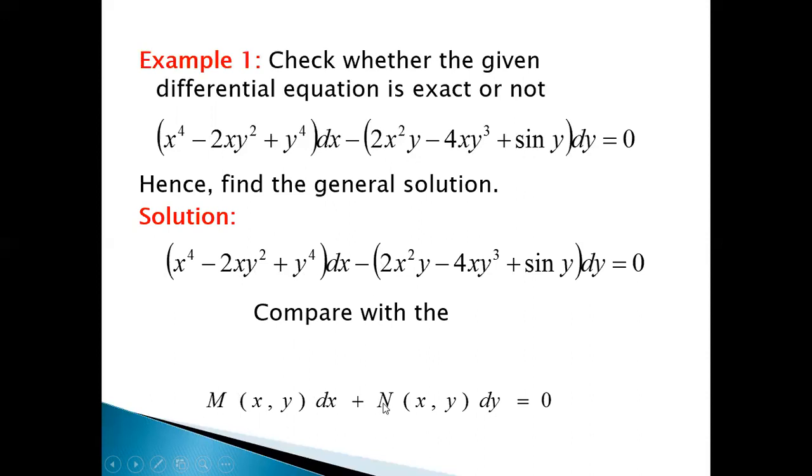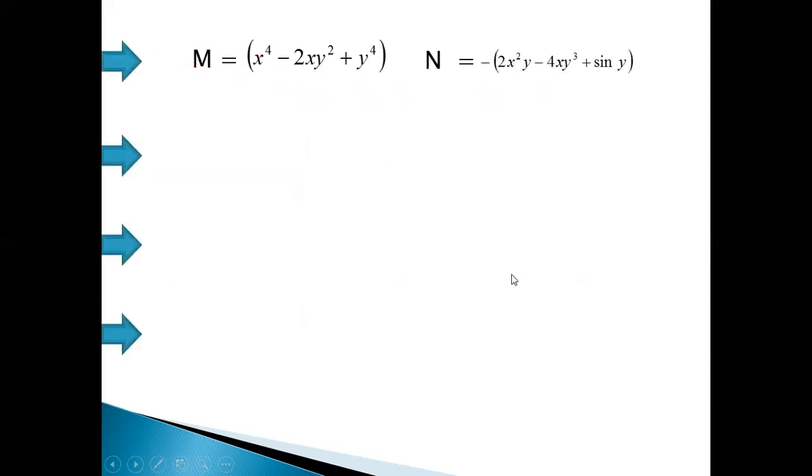And what is our N? N is the multiple of dy. Students, see here the sign is plus. So for N we keep the minus sign. So our N is minus the bracket 2x square y minus 4xy cube plus sin y. This is our M and N.